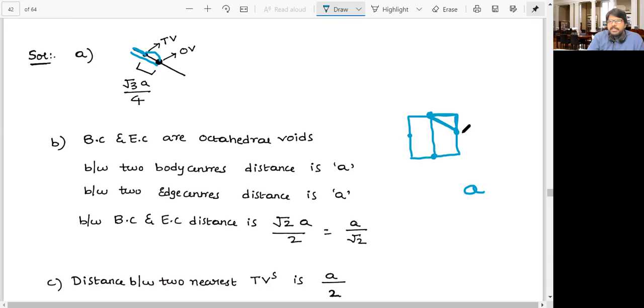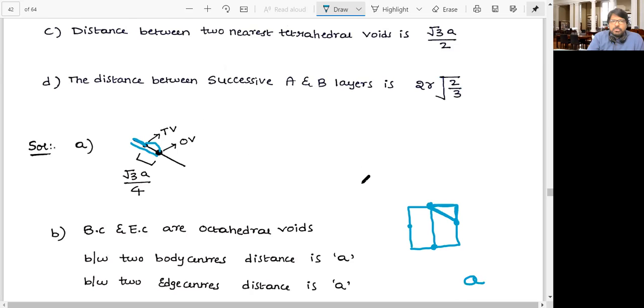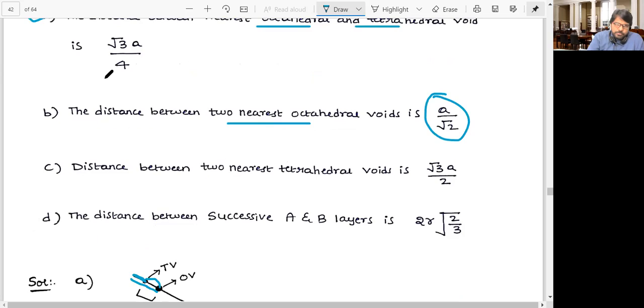So this is a triangle, and you can apply the Pythagoras theorem, and you can say this is a by root 2. So body center and edge center, if you take, that is A. Between these two edge centers, if you take A, but if you take adjacent edge centers, this is one edge, this is one edge, we will be getting a by root 2. And we are actually getting a by root 2. But what did he give? A by root 2. Correct.